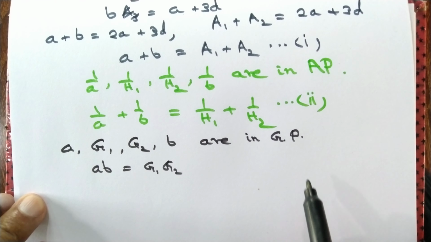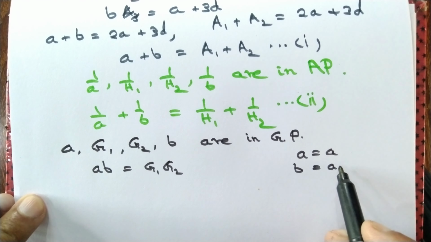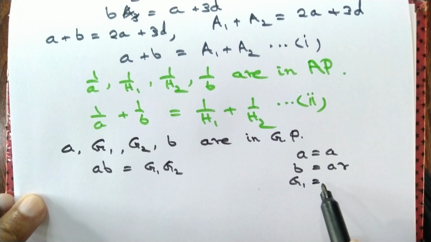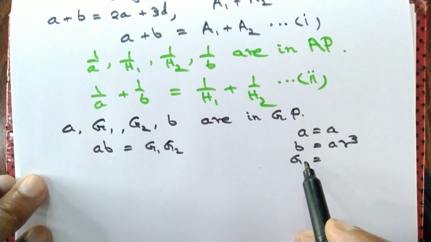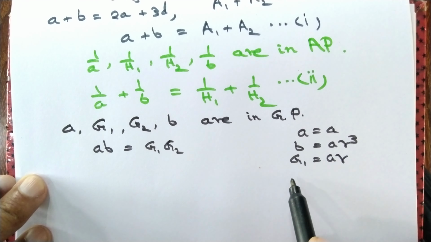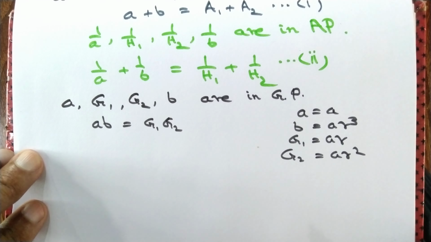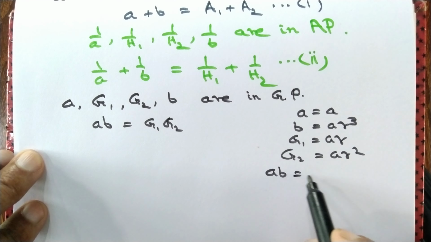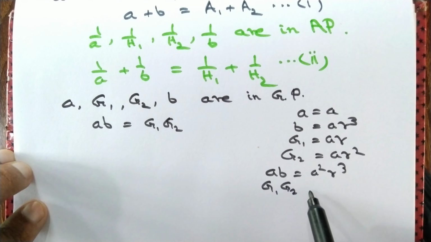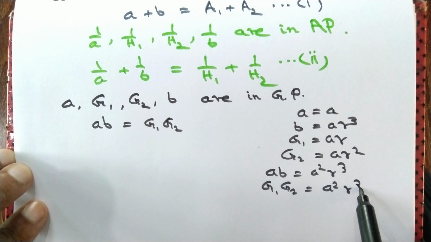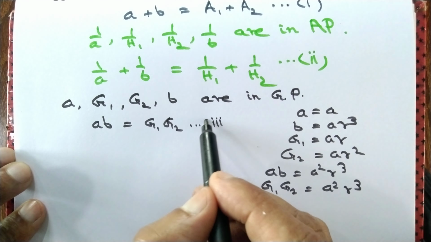If you don't, let r be the common ratio. a equals a, g1 equals ar, g2 equals ar square, and b equals ar cube. Then ab equals a square r cube, and g1 g2 is also equal to a square r cube. Those two are equal. Let's call this equation 3.